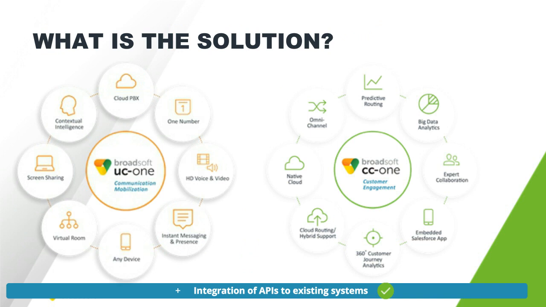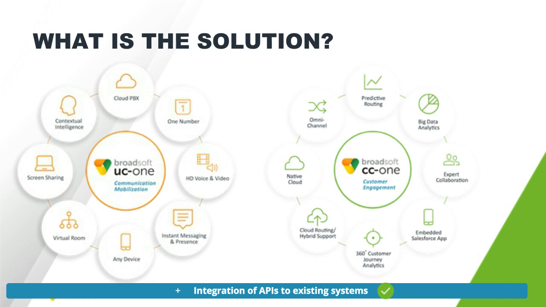And so looking at this from a BroadSoft perspective, as Erwin mentioned, there are vendors out there that provide unified communications, others that provide contact center. BroadSoft is, I think, leading the way in providing a combined set of capabilities that bring unified communications and contact center together in a single solution.